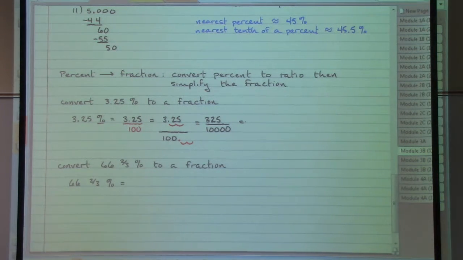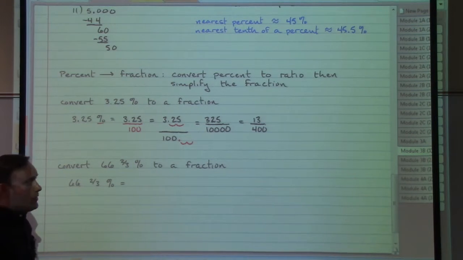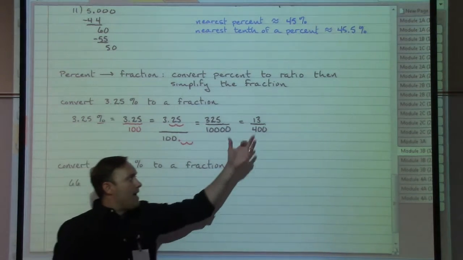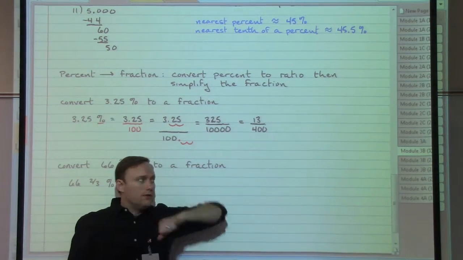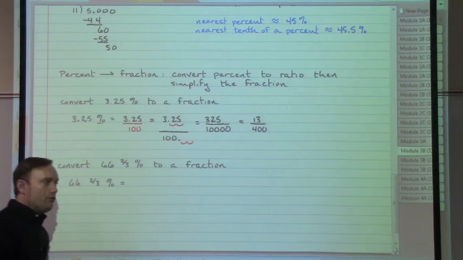So 25 goes into 325 13 times. 25 goes into 10,000 400 times. Nothing else will go into both the top and the bottom, so we have a fully simplified final answer. That is a fraction, 13 over 400.